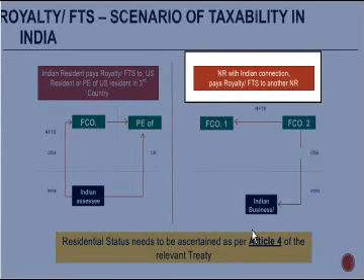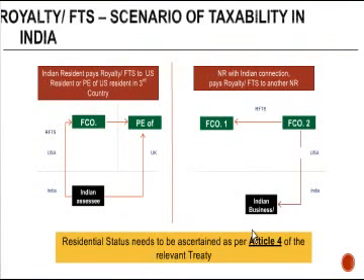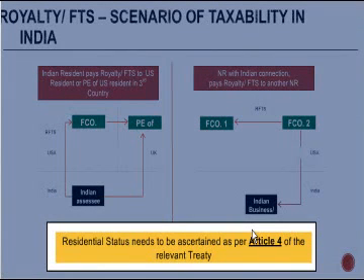The question here comes up is, how do you ascertain whether a person is a non-resident or a resident? Obviously, you need to apply the meaning given under the Act to see whether the person is a resident or not. But more importantly, the residential status needs to be ascertained as per Article 4 of the relevant treaty. The reason for this is that when you look at the treaty, right, the benefit of the treaty is given to a person who is a resident of a contracting state.